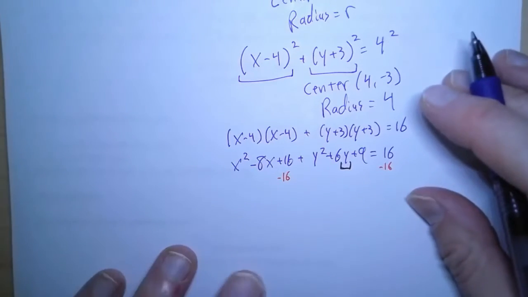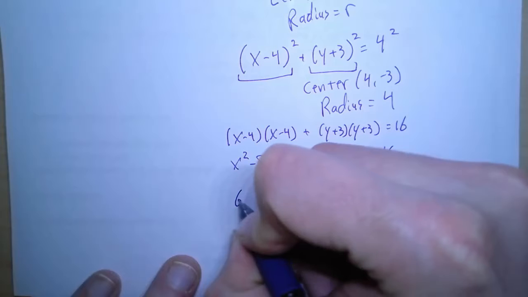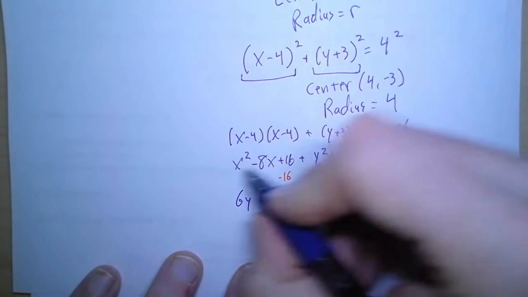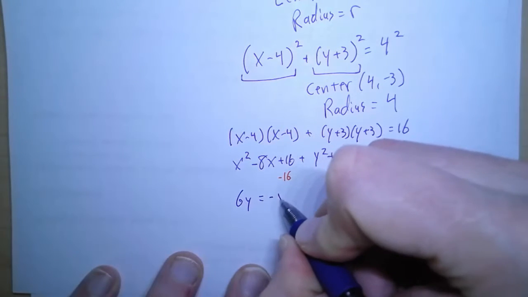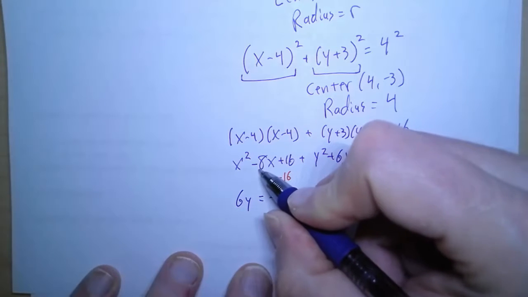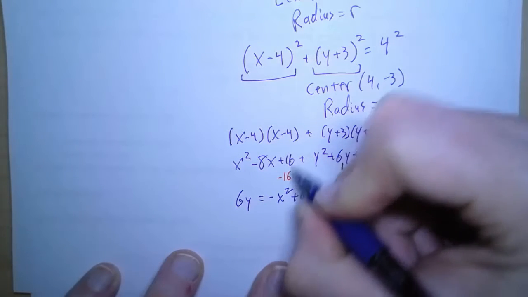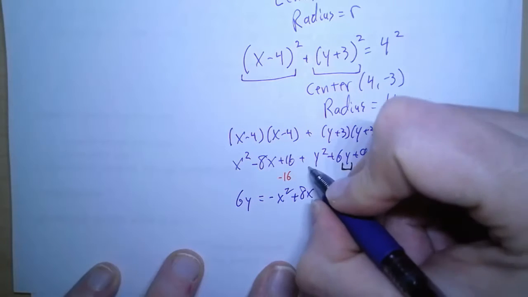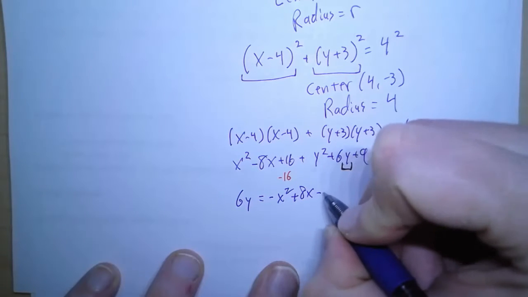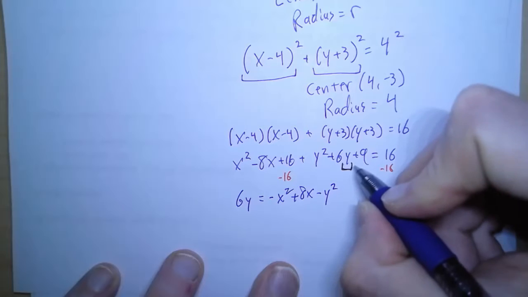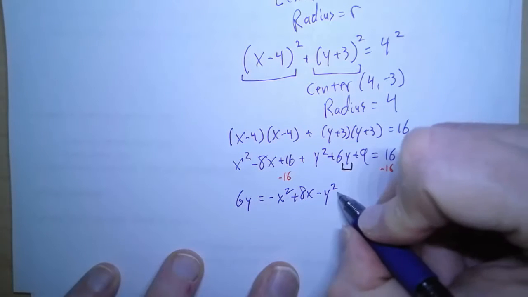On the left side, we're left with 6y, and then we subtract x squared, so that's minus x squared. We subtract negative 8x, so that's plus 8x. The 16 already got taken care of. We have plus y squared, so we subtract that, minus y squared. The 6y is being left, and then we subtract 9.